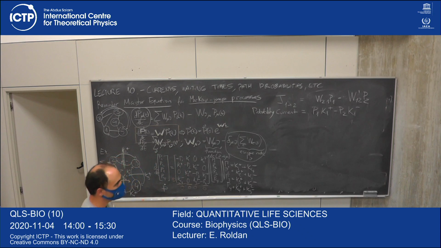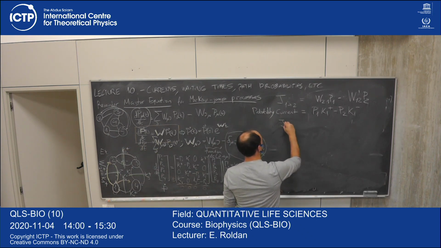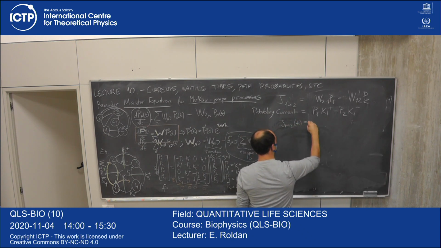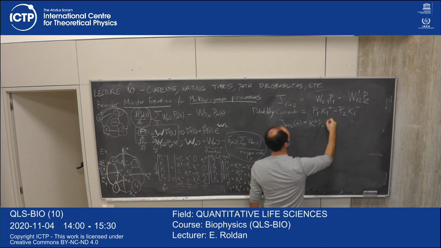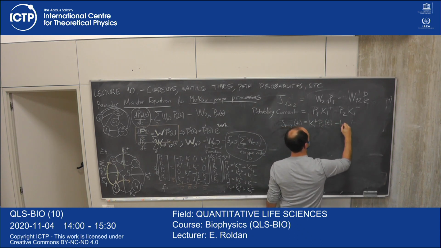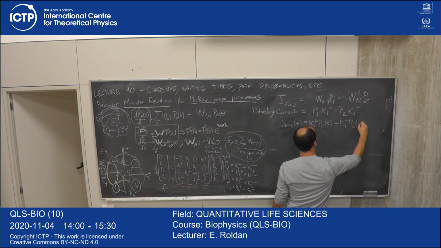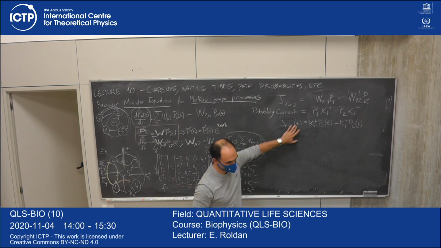And very important for you is to notice that the current is time dependent. In reality, we have J12(t) because K1 plus is a number, but then P1 is time dependent and P2 is time dependent. So in reality, you will have a time dependent current.